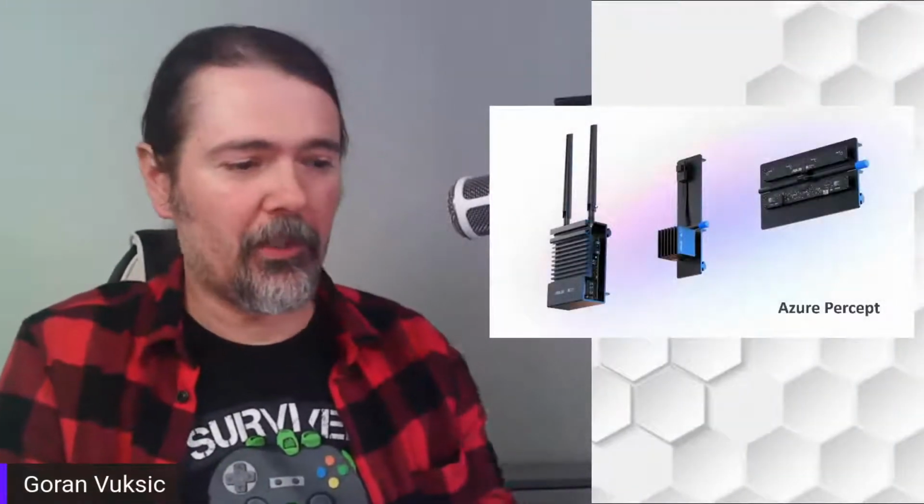This one is an array of four microphones, so you can use it for different audio detection, and the camera for visual detection. I'll show you how it works. It's basically plug and play and super simple to mess around with. I'm really impressed with it.